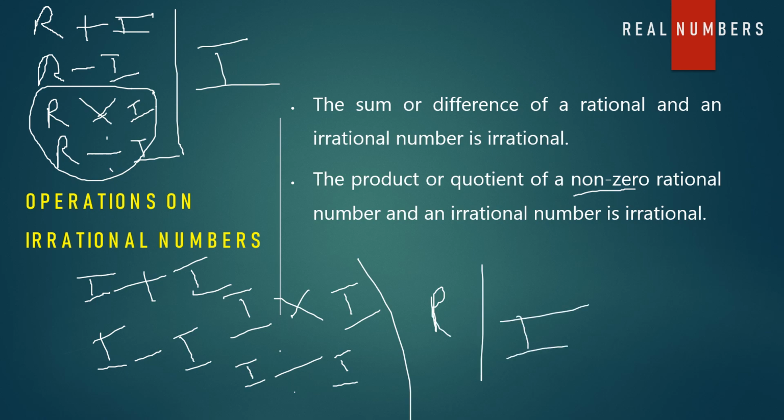Sometimes it can be a rational number and sometimes an irrational number. That's why the sum, difference, product and quotient of two irrational numbers is either rational or irrational. About this we learnt in class 9th with examples.